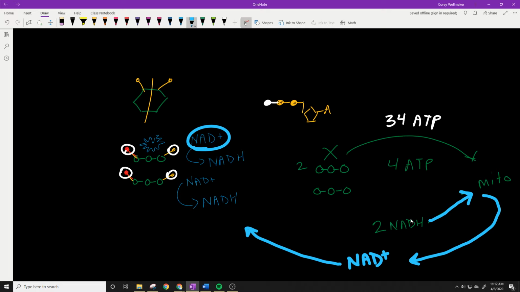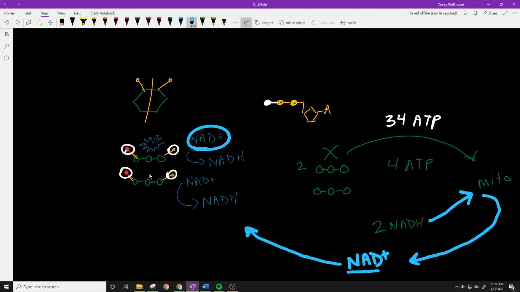But since the NADH is in a traffic jam and can't go into the mitochondrion, it starts accumulating, there's a lack of NAD+, and eventually, if all of that NAD+ runs out, this process shuts down as well. So it's like a domino effect. And if the cell is in a situation where it cannot synthesize ATP, it's going to die.